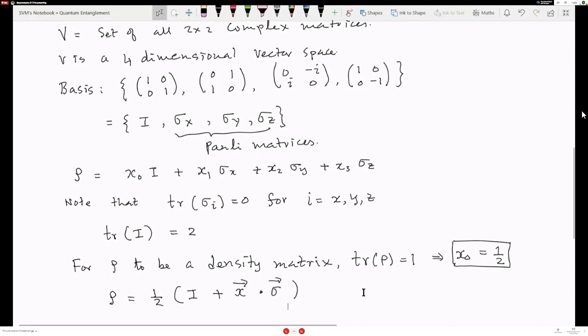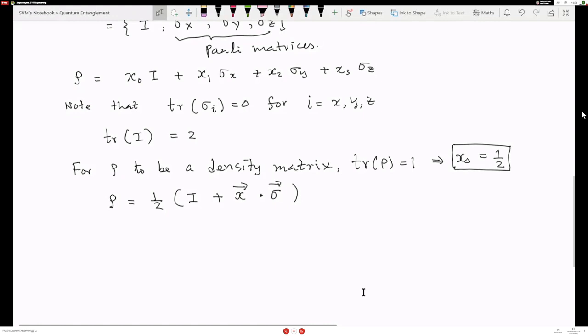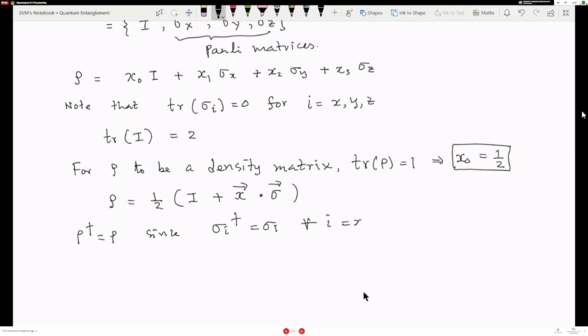Of course, we then need to ask what this x should be. Since the sigmas are Hermitian operators, rho is Hermitian. So rho dagger is the same as rho, since sigma i dagger is the same as sigma i for all i. So there is no problem with the hermiticity property.